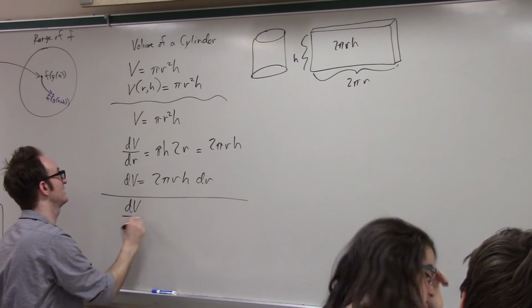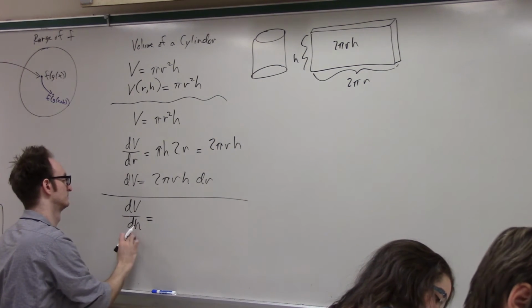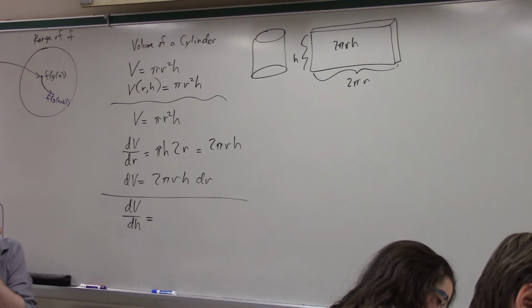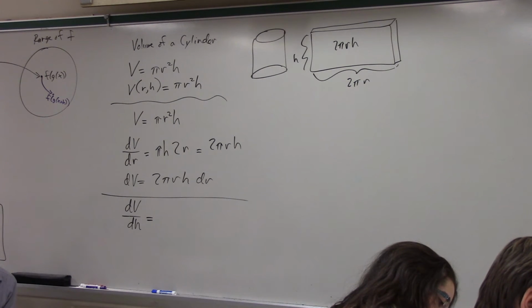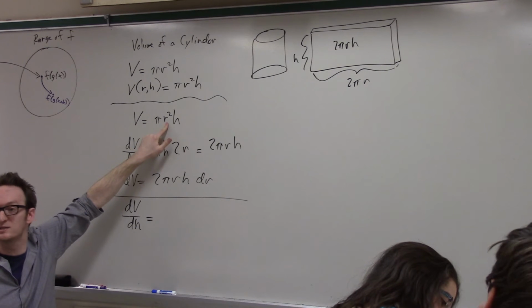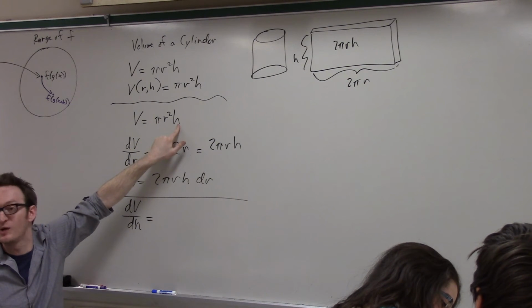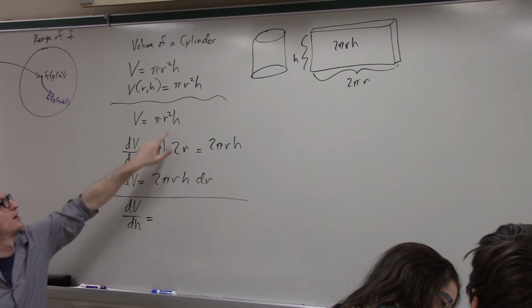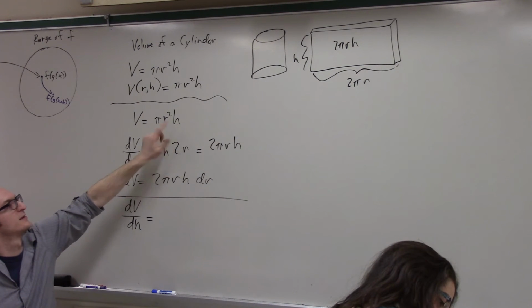What is dV/dh? Now we treat r like a constant, and we differentiate with respect to h. So if h is the only variable, then it's just pi r squared.